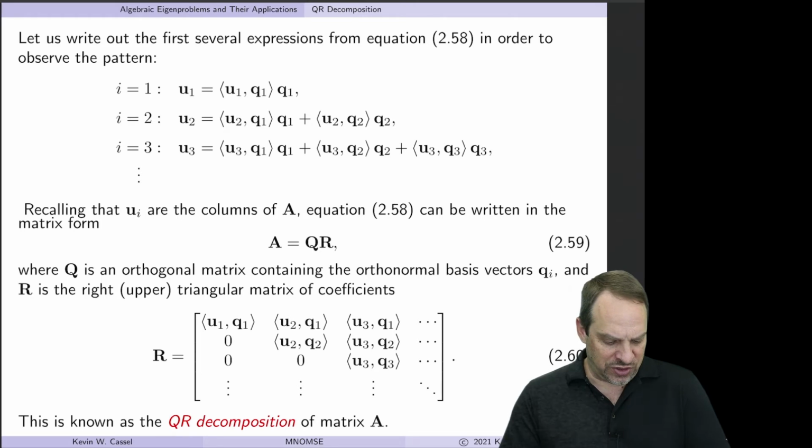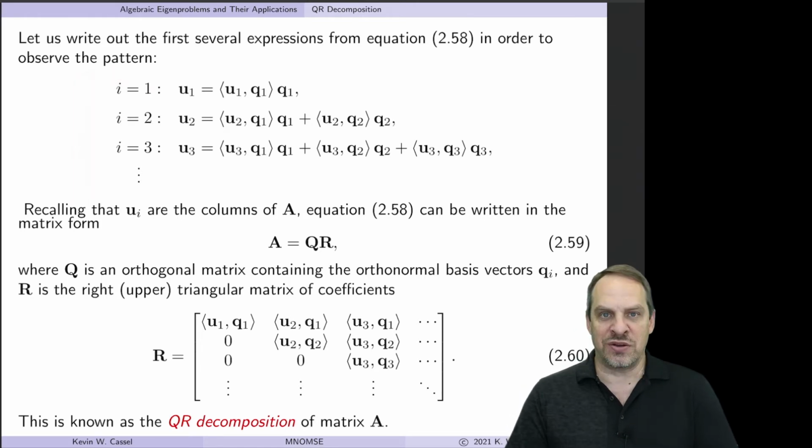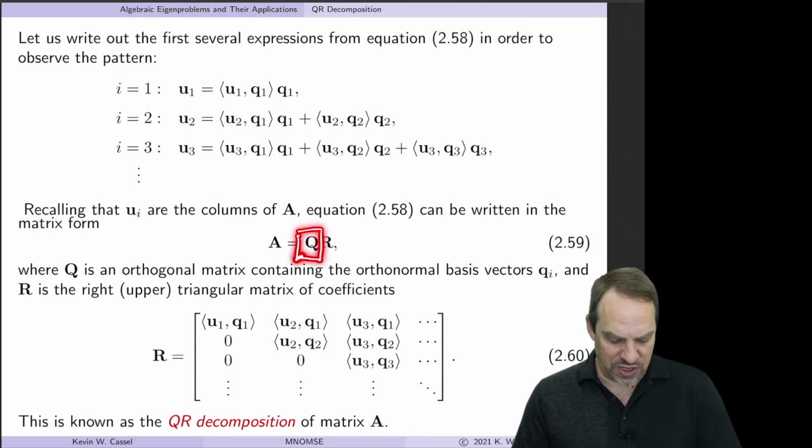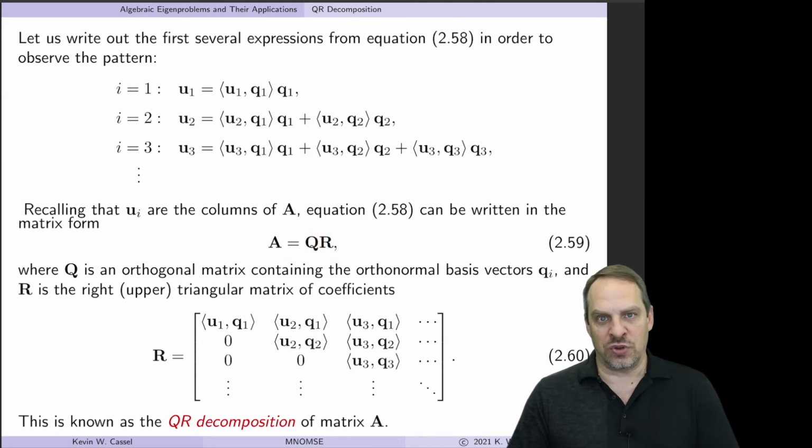So if you take a look at this, and the pattern that's developing, what you can see is that our matrix A, which remember has as its columns the u vectors, can be written as Q times R. Q here is our usual orthogonal matrix, and then R here is a right or upper triangular matrix.